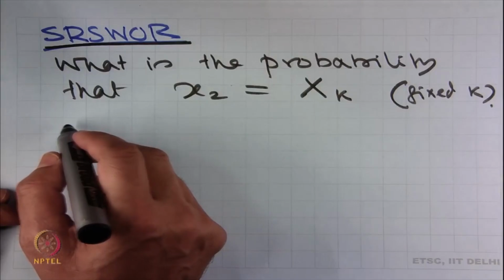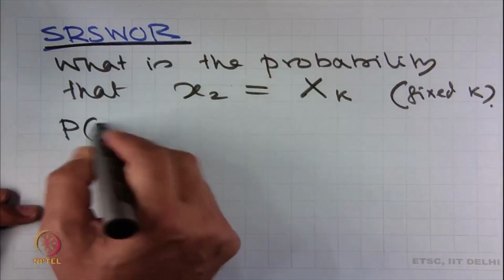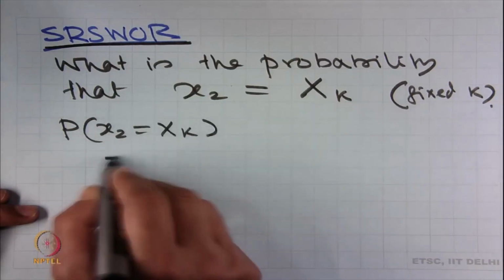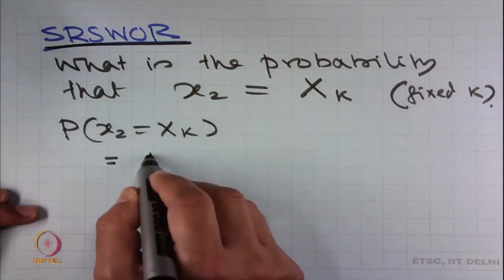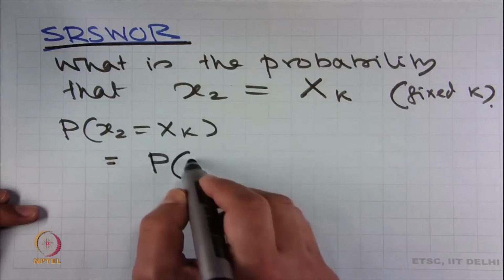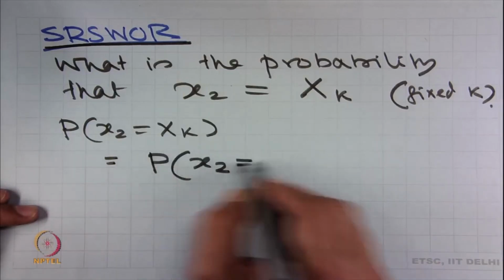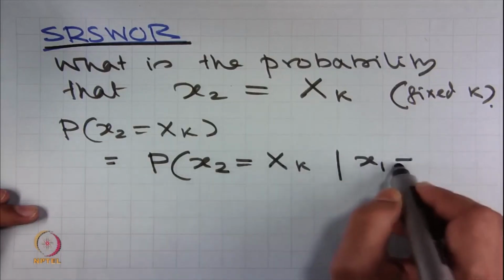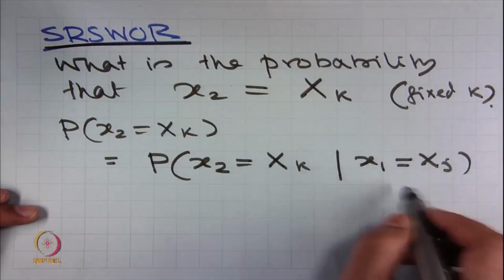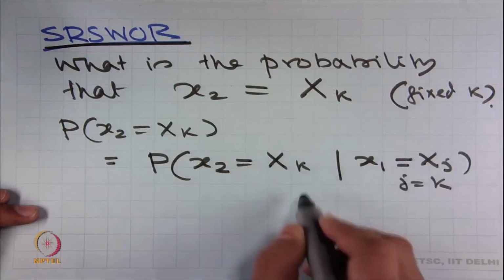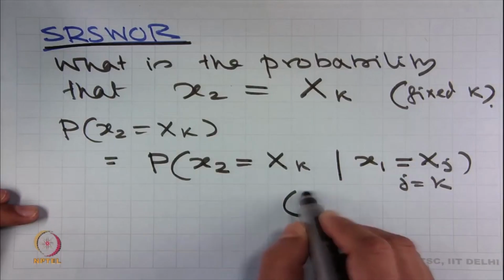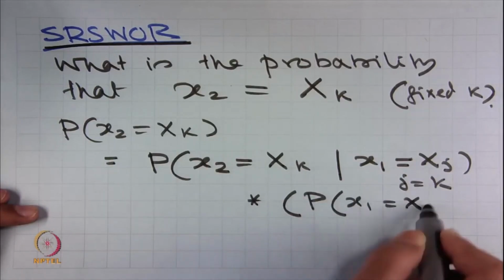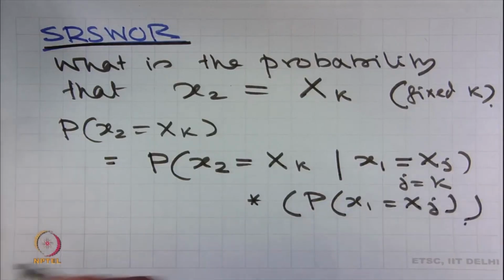So, probability X2 is equal to x_k is the same as probability X2 is equal to x_k, given that the first sample is equal to x_j, j not equal to k, multiplied by probability X1 is equal to x_j.